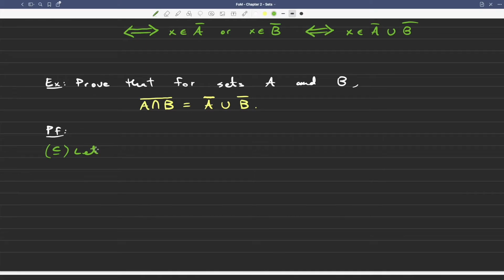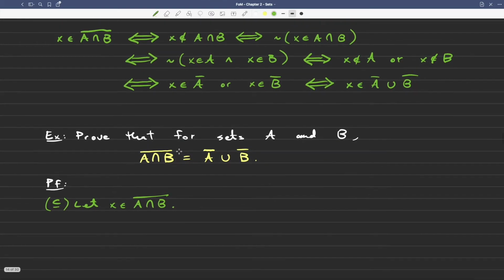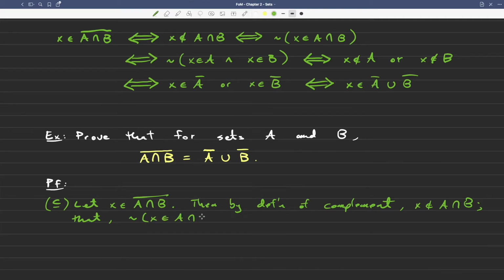To prove the forward containment, I would start by saying, well, let X be an element of (A intersect B) bar. And then I'm just going to use the logic that I had up here at the top. Then by definition of complement, we know X is not in A intersect B. That is, not (X is an element of A intersect B) is true.